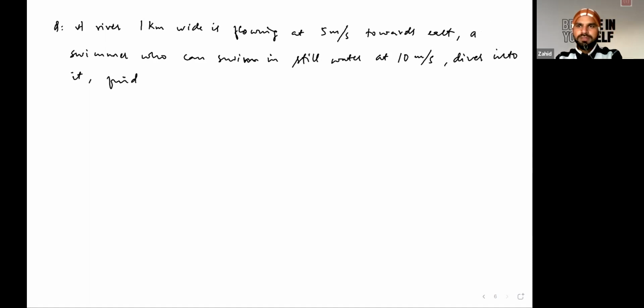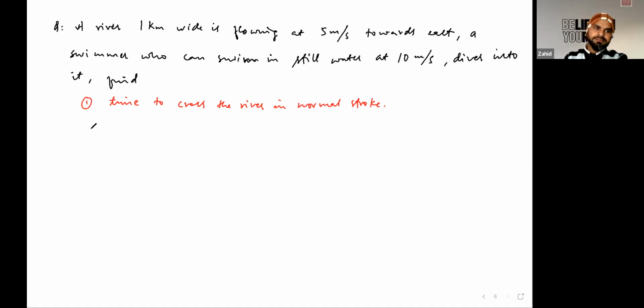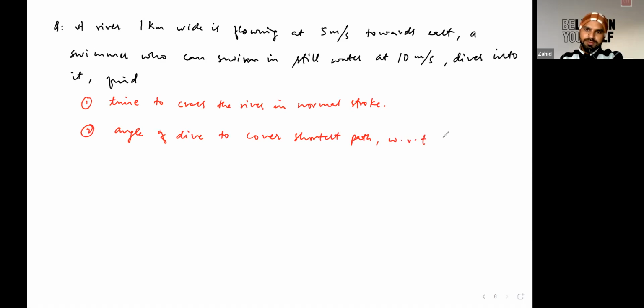Find first, the time to cross the river in normal stroke; the angle of dive to cover the shortest path, with respect to flow.